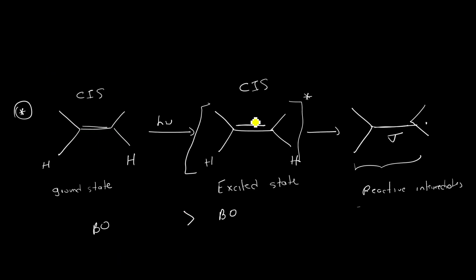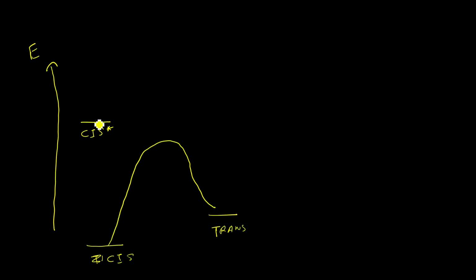Now from the cis, this excited molecule, you get the reactive intermediates, and then from these reactive intermediates you can again form the trans product, trans in the excited state.